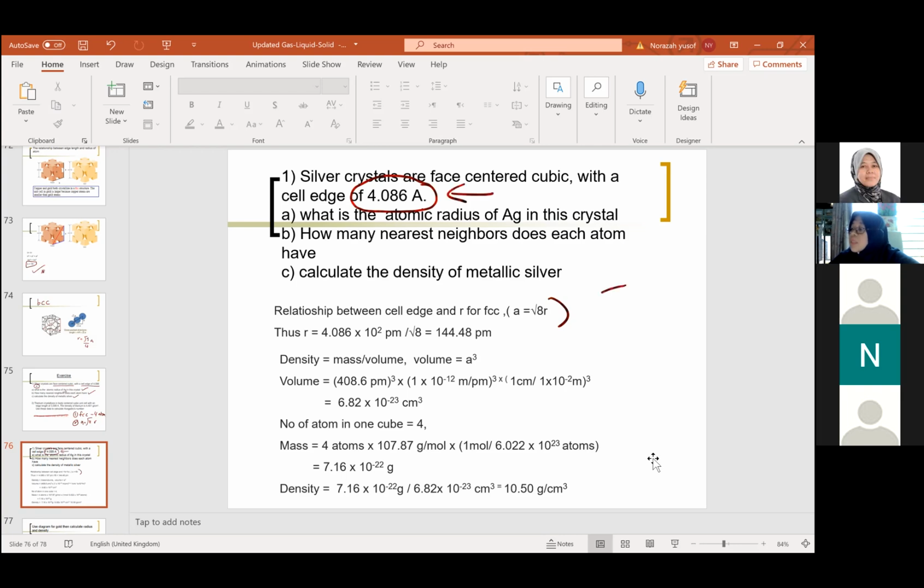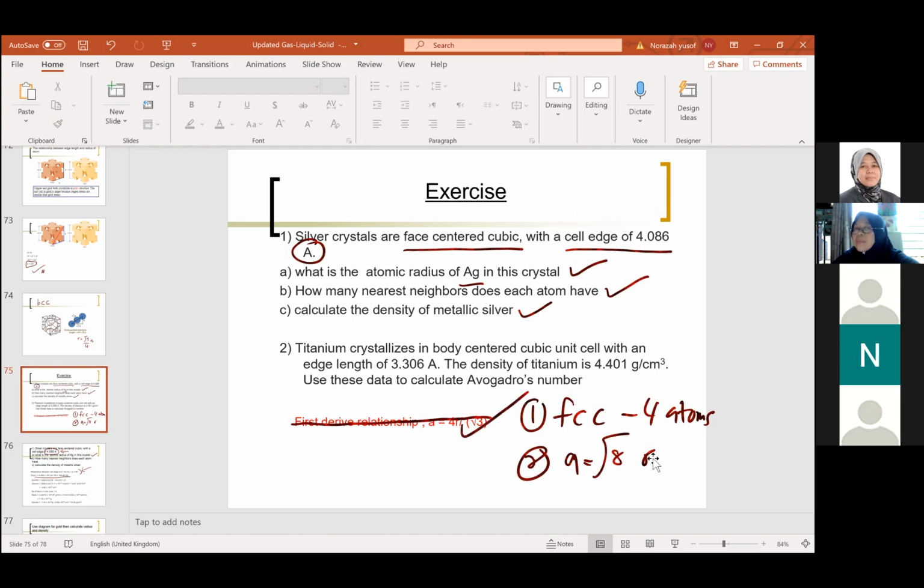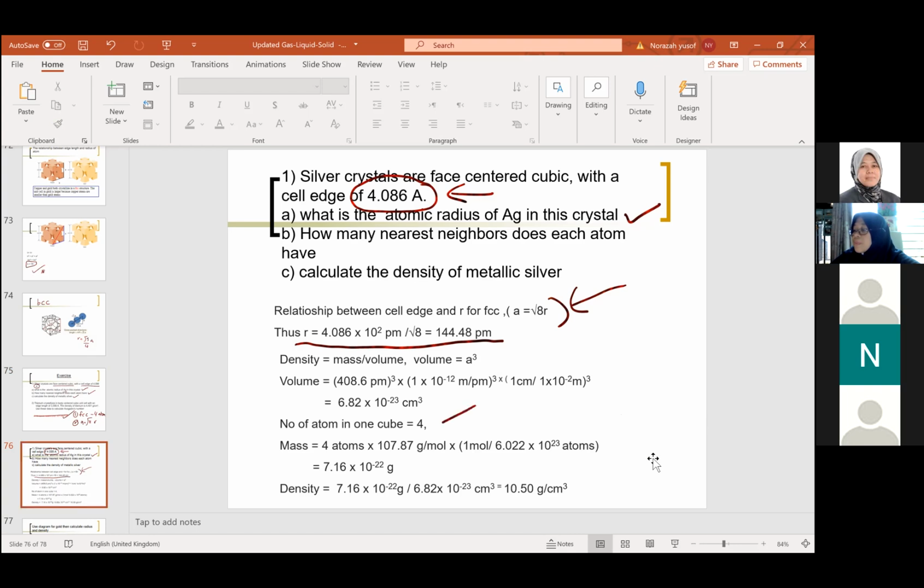Since you know the relation between cell edge length and the radius, you can calculate the radius directly by using that formula. So that is for question number 1. How many nearest neighbors does each atom have? Since FCC has 4 atoms, directly you know the answer is 4.